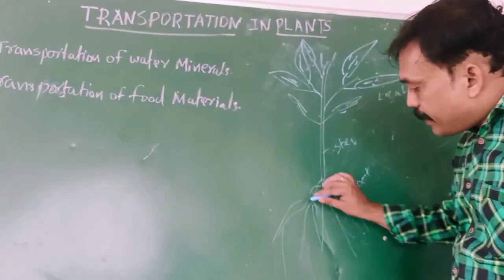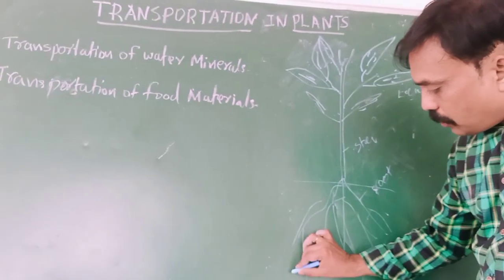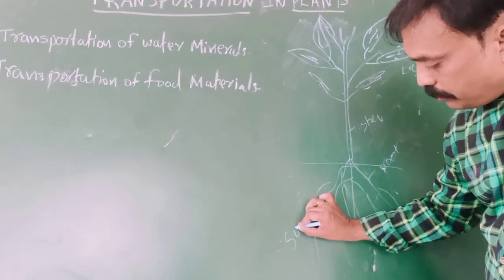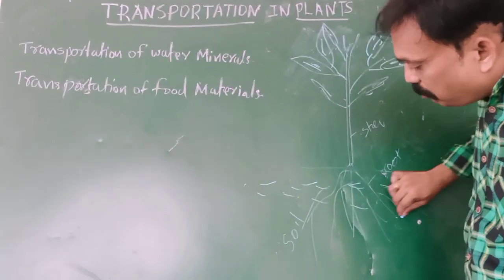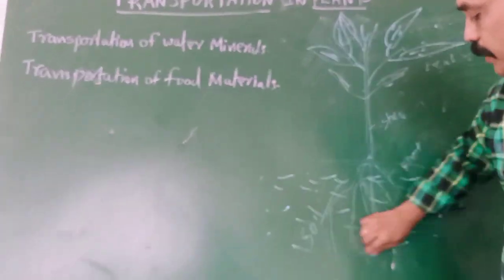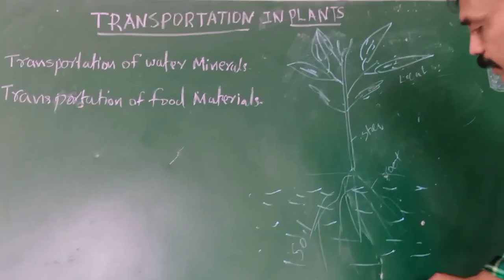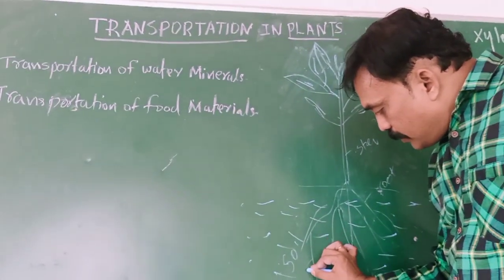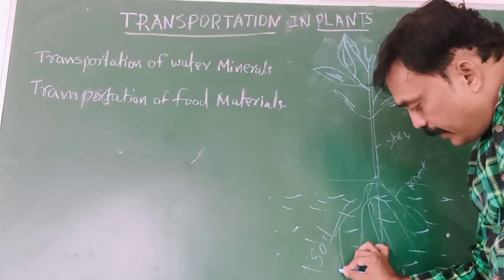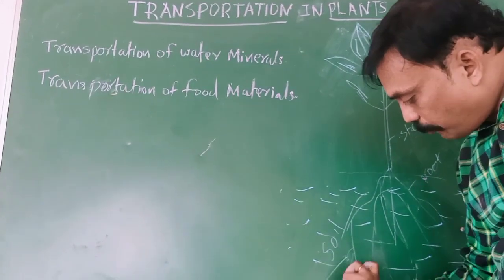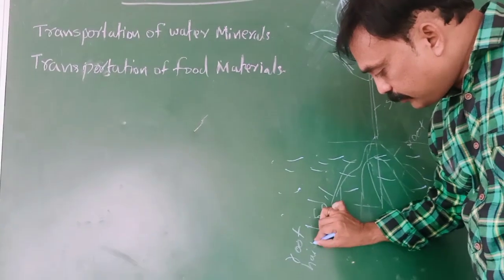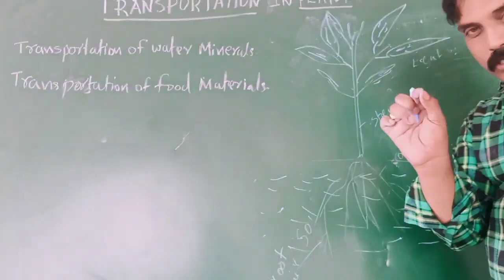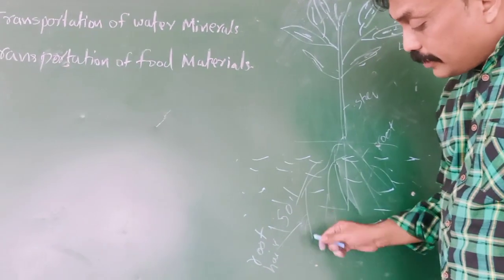So, generally, in a plant, what happens? The roots in the soil are surrounded by soil particles that contain moisture. At the edge of the roots we observe small hair-like structures that we call root hairs.